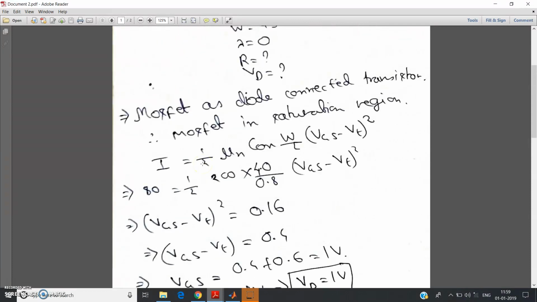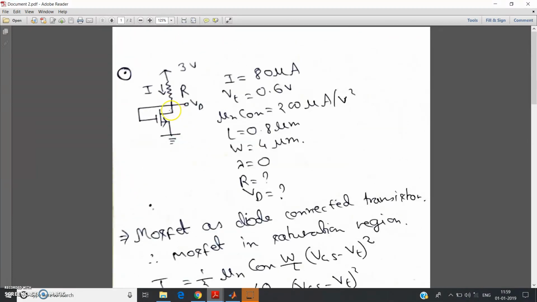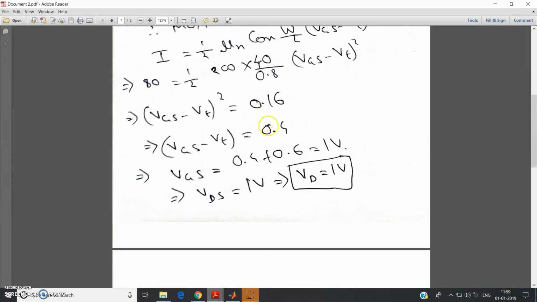Now see the circuit, very easy. VDS, that is VD minus VS, equals 1 volt, right? The source is grounded, so VD equals 1 volt. That's what I have written here: VDS equals 1 volt, and as the source is grounded, VD equals 1 volt. So first of all we got the drain voltage.